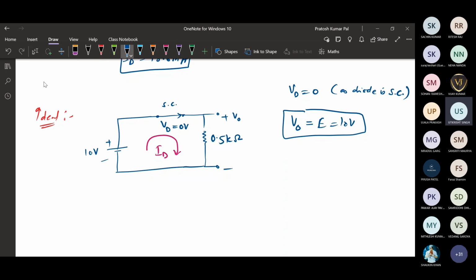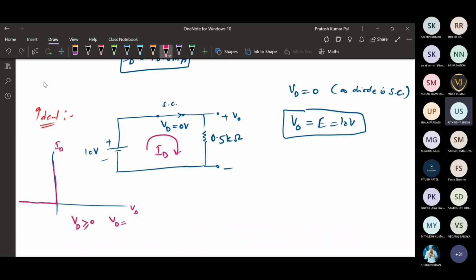In the ideal characteristics we have seen, if this is the diode, once we apply a voltage VD greater than or equal to 0, the voltage drop will be 0. This is VD versus ID, the characteristics, and in the negative direction it looks like this.